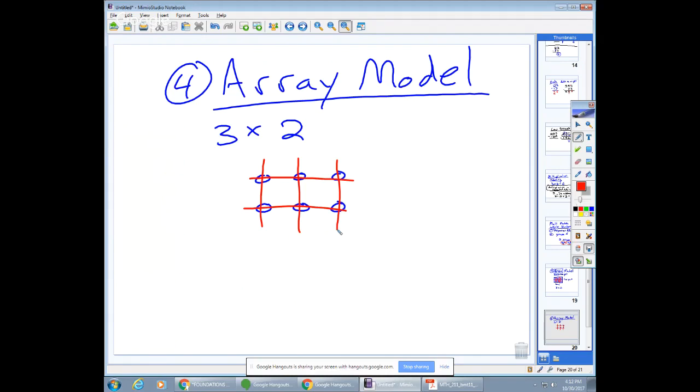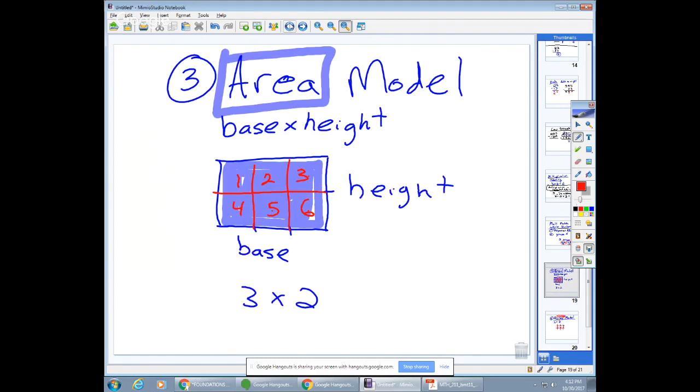The array model in math is what's known as a discrete model. And the area model is what's known as a continuous model. Like painting something, that's a continuous flow of the paint.